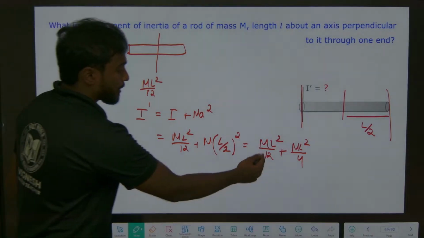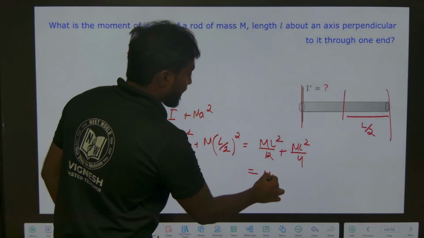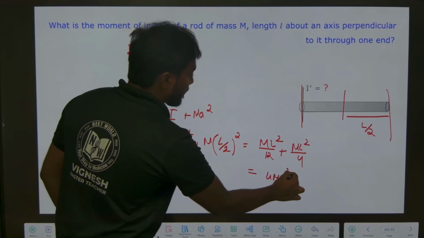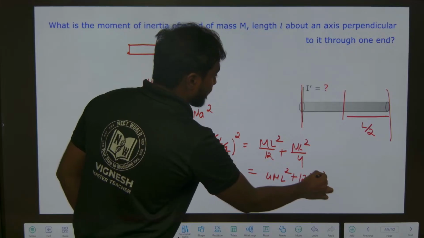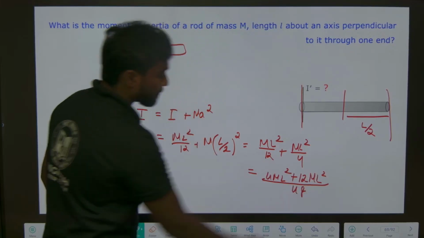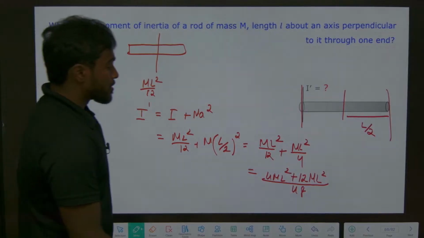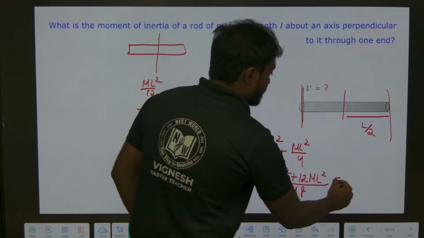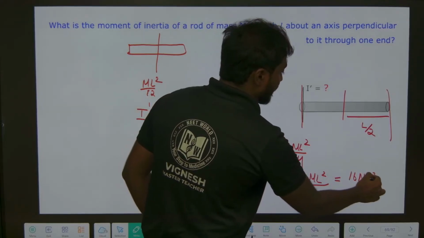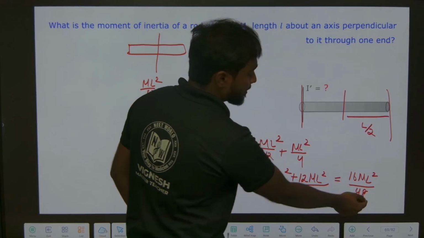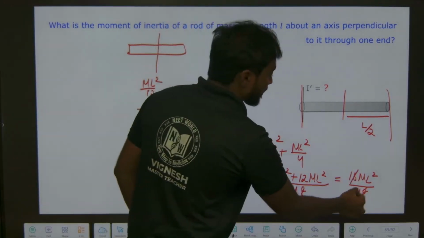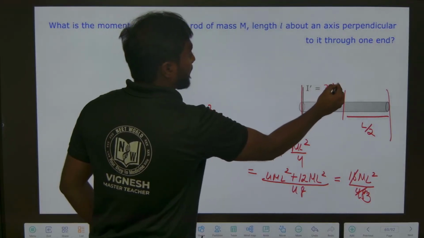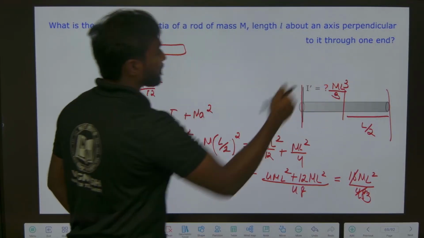I need to take the LCM: ML squared plus 3 ML squared over 12, that is 4 ML squared by 12, which is 1 times and this is 3 times. So the answer is ML squared by 3.